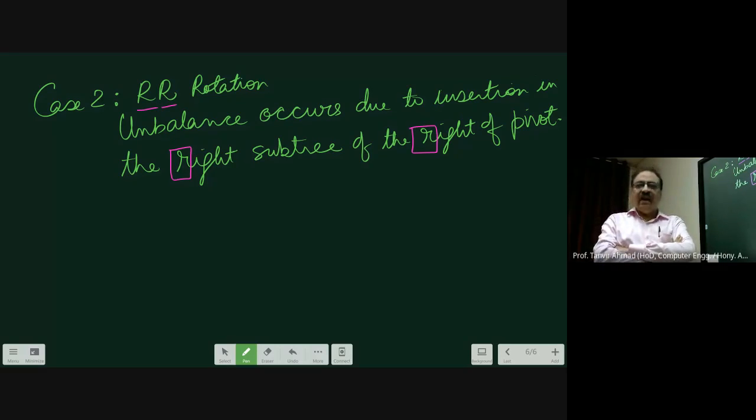That means imbalance occurs due to insertion in the right subtree of the right of pivot.